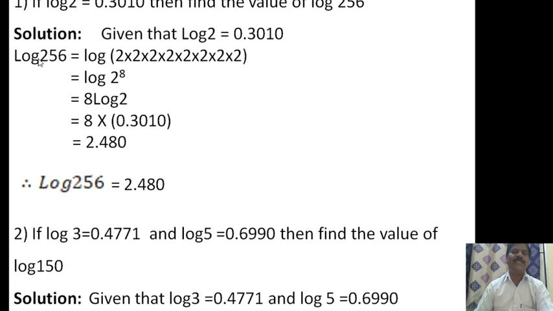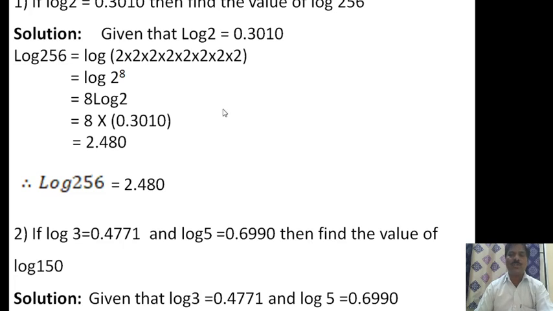Therefore I can write 256 as 2 into 2 into 2, 8 times 2. By the laws of indices, this can be written as 2 to the power of 8.